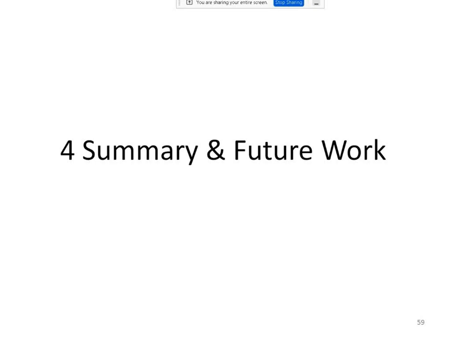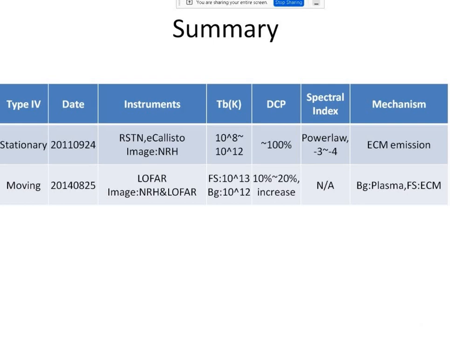Okay, here is the summary and the future work. This is the summary of the two events. The first one is the stationary type 4 radio burst, and the second one is the moving type 4 radio burst. We actually talked about it the other way around, but whatever. And the dates of these two events.